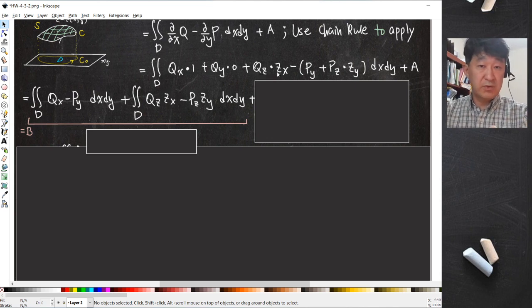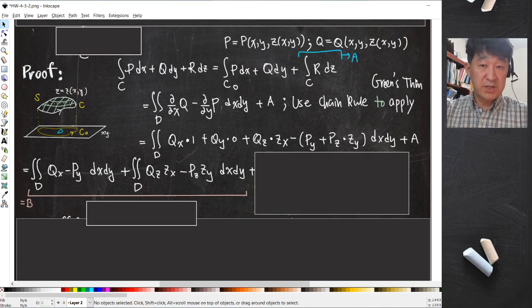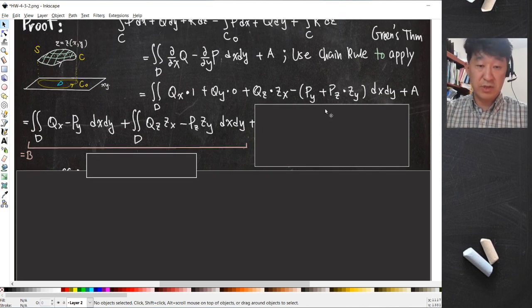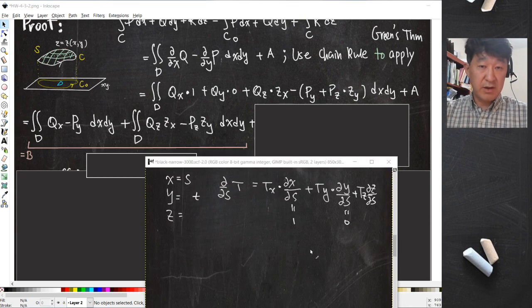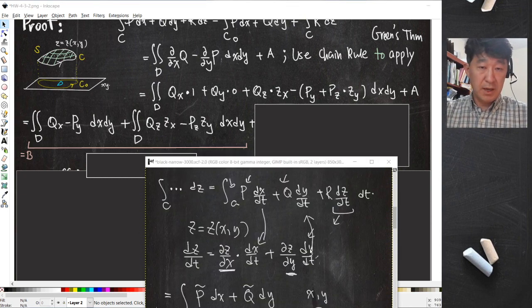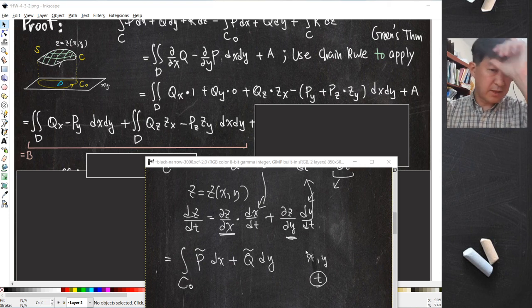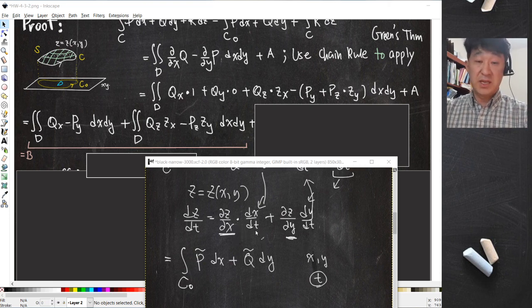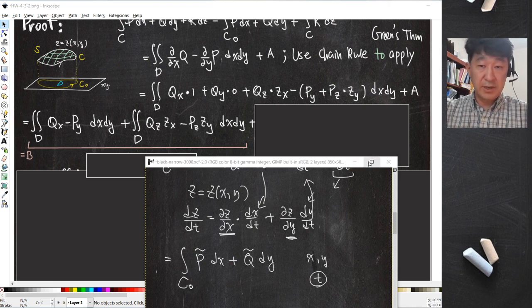And the other term, qzzx minus pzzy, is collected there. Now this part A was coming from this part that I already showed you in the slide over there, like this, that has a zx dx and zy dy. That's how that one splits up.